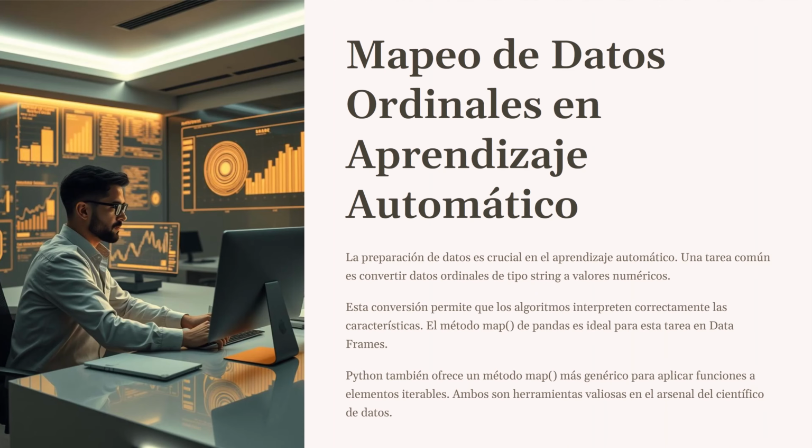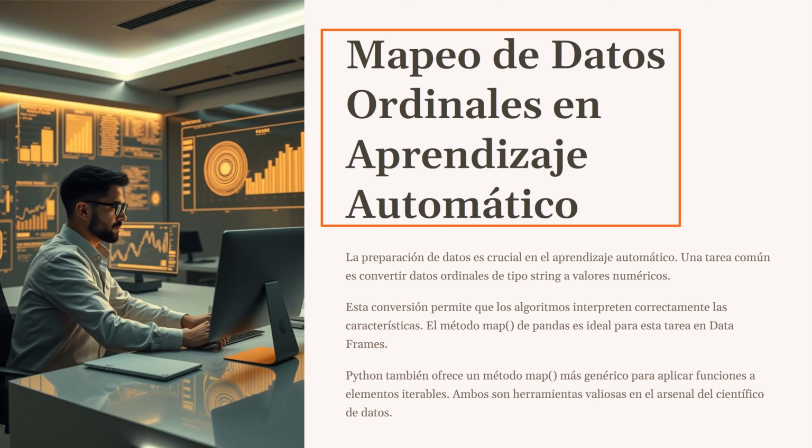One of the common tasks in preparing data for machine learning tasks is the assignment of features that contain ordinal data so they can be correctly interpreted by learning algorithms, for which we need to convert the categorical string values into numerical values. Hence the importance of a method like map.